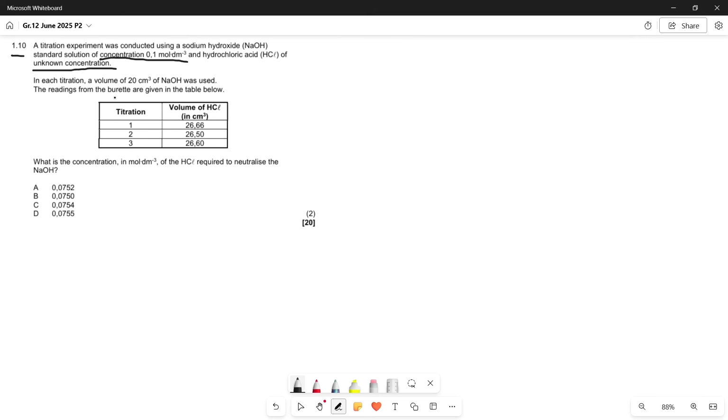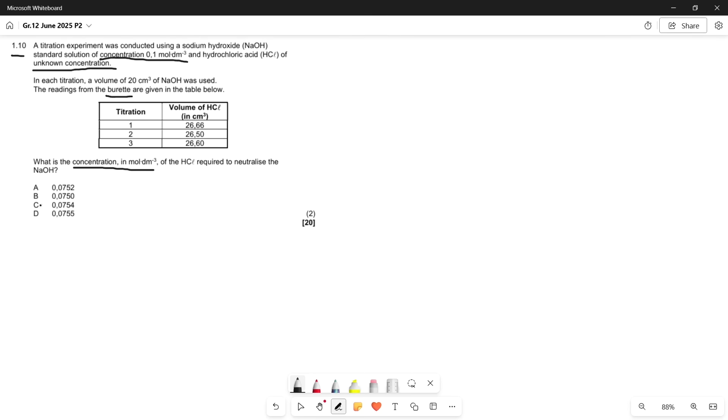The readings from the burette, just the device that we use in a titration reaction, are given in the table below. So we did 3 titrations, all with the same volume of NaOH, but with different volumes of HCl. So titration 1, 2, and 3, and all of these volumes are in centimeters cubed. So what is the concentration in mol.dm to the -3 of the HCl required to neutralize the NaOH?